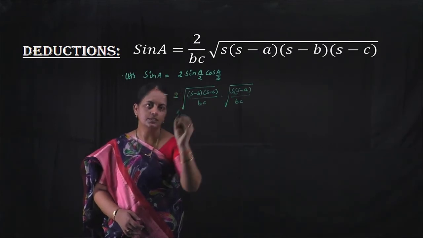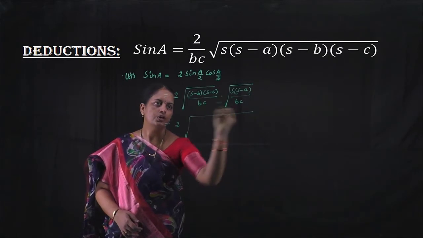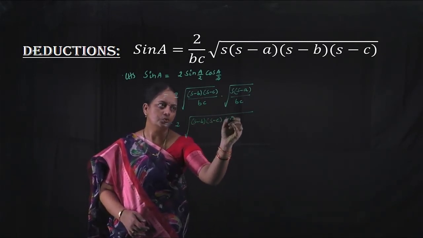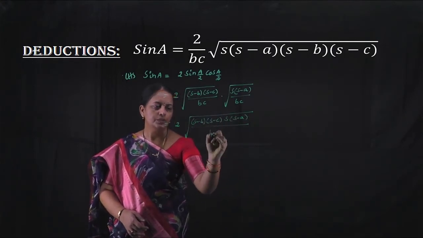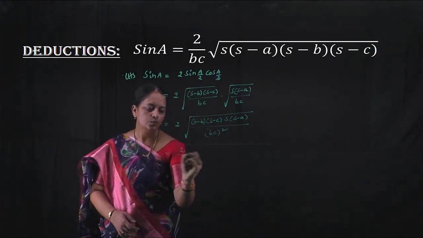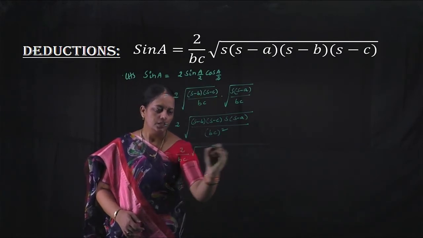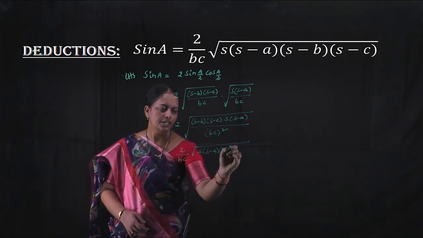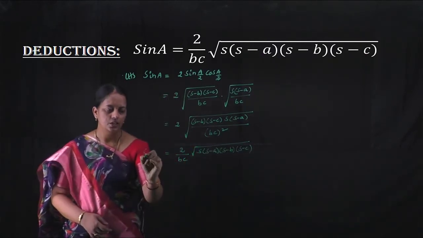This is equal to 2 times root of (s−b)(s−c)s(s−a) by (bc) whole square. So this is equal to 2/bc into root of s(s−a)(s−b)(s−c).